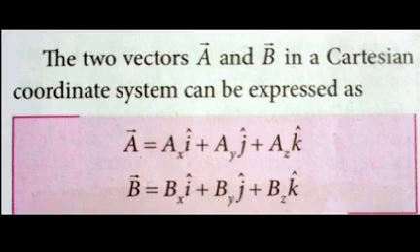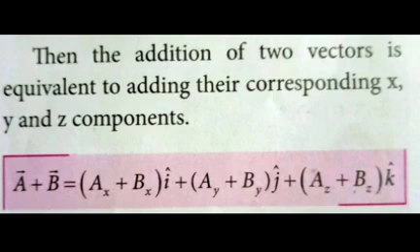Now I am going to add the A vector plus B vector, and I get A plus B vector equal to ax plus bx into i cap plus ay plus by into j cap plus az plus bz into k cap. So the same axis components should be added and the unit vector is taken common outside.